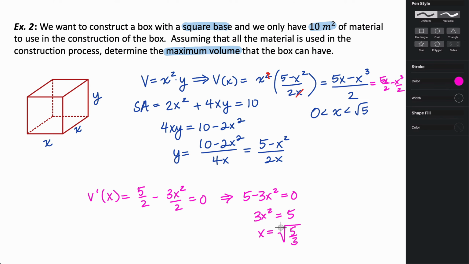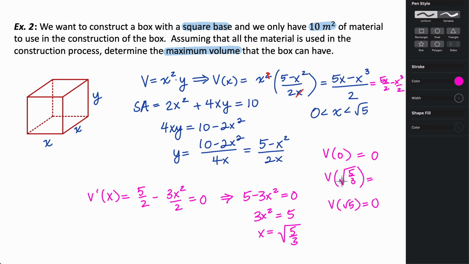Now, if you test all of these values, so if you find the volume at 0, volume at square root of 5/3, and the volume at root 5, because we have to test whether this is an absolute maximum or minimum. At 0 and at root 5, we know that makes our volumes 0, right? That's how we found our domain. So those are 0, which means if this is positive, then that makes our volume the maximum here.